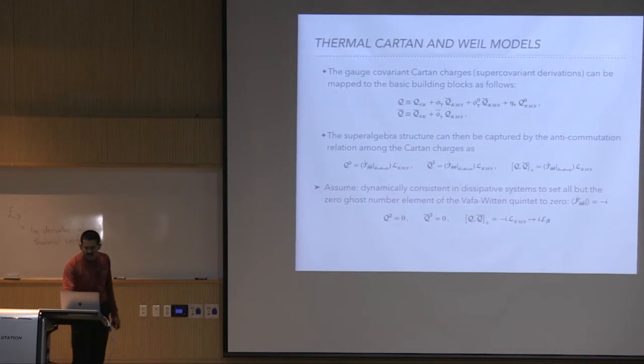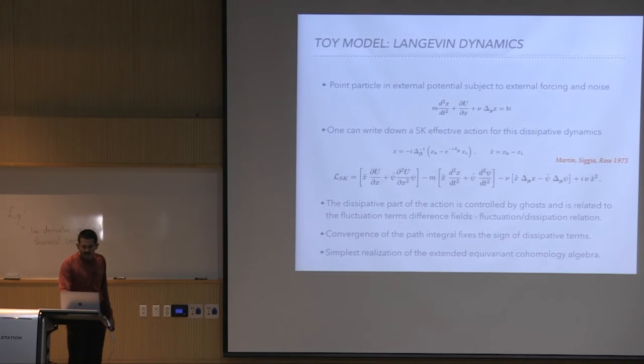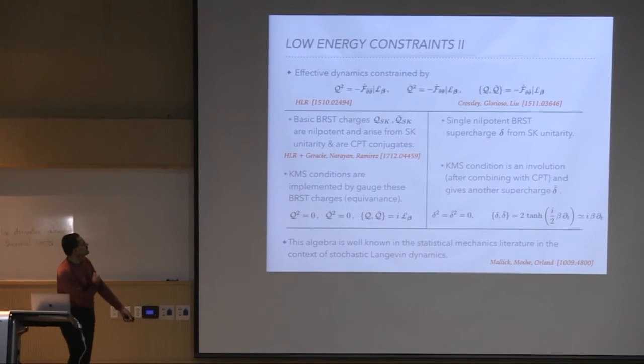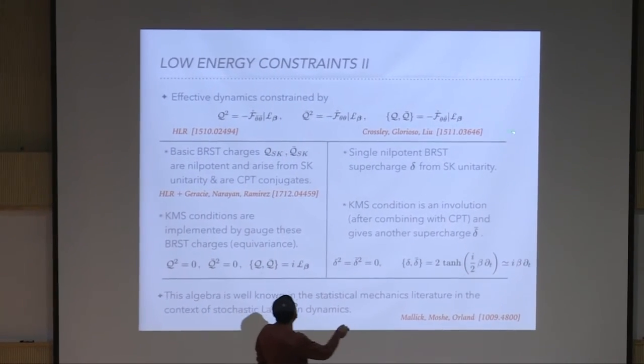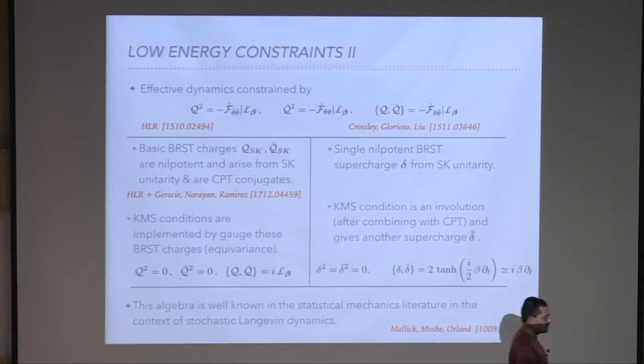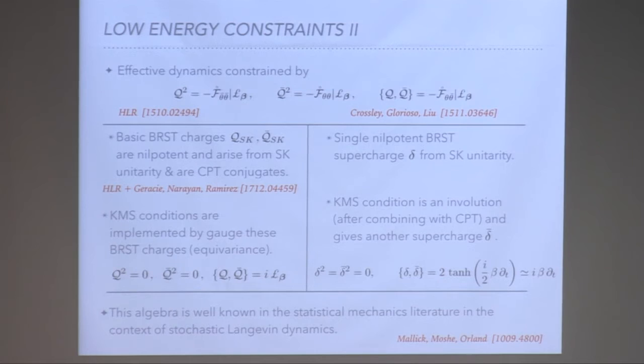Okay, I think I'll skip this. I think I've said enough about these KMS charges, and let me make 2 comments and then end. So the algebra that eventually we will work with is a theory where you have 2 covariant cohomology generators under this thermal algebra, where Q squares to L beta, Q bar squares to L beta up to a field strength, and Q bar is also a field strength.